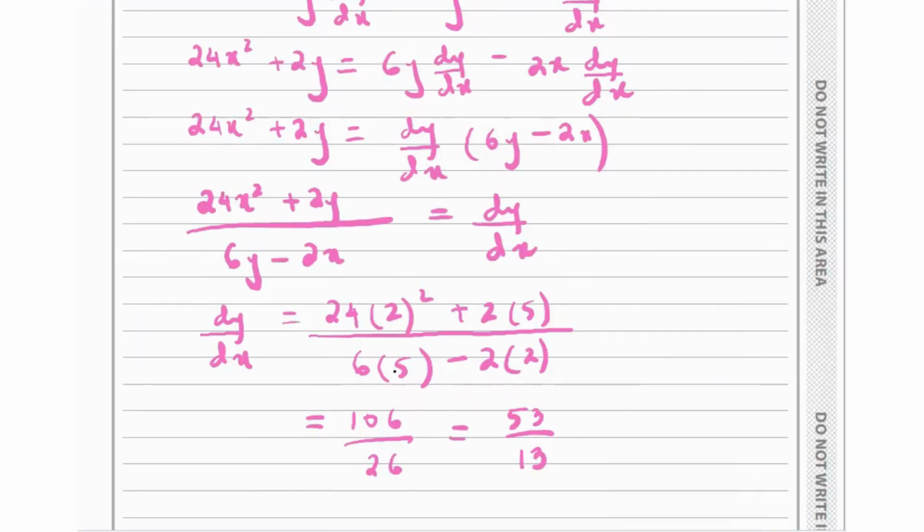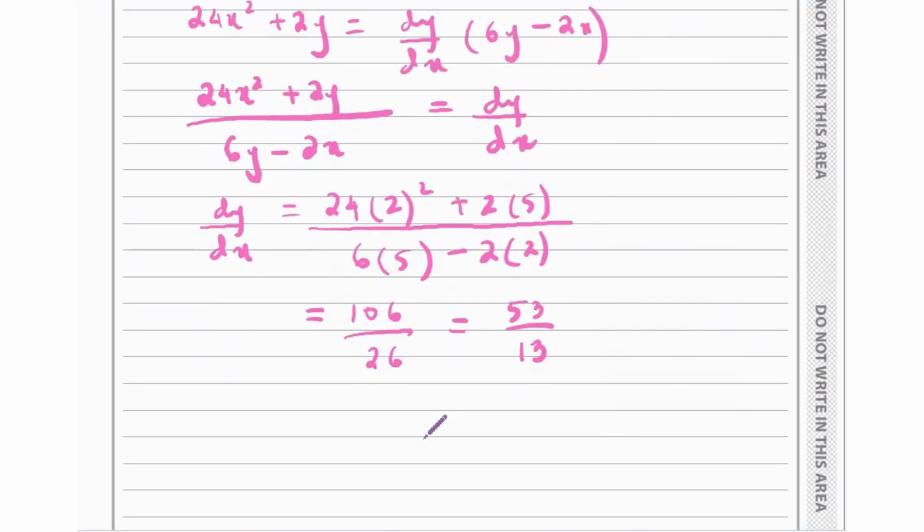Now this is gradient of the curve. So for gradient of the normal, we're going to flip it and make it negative. Why? Because they're both perpendicular.